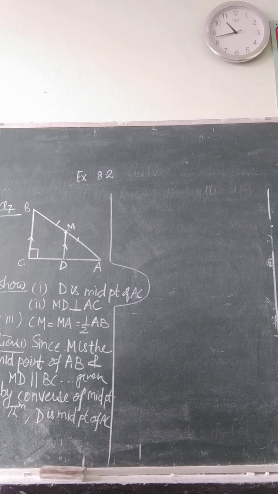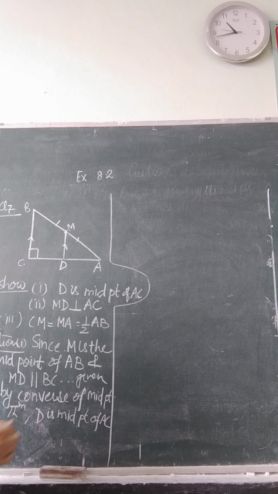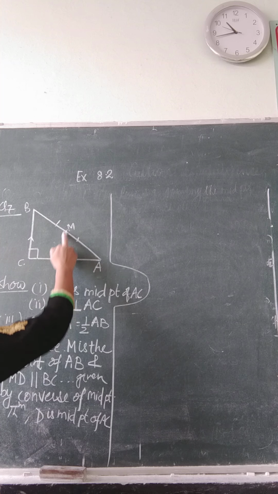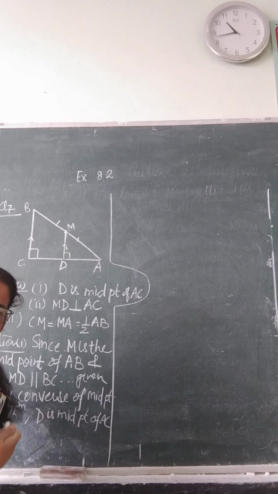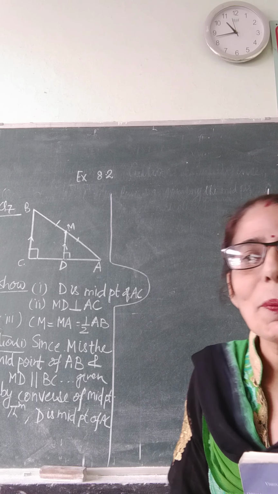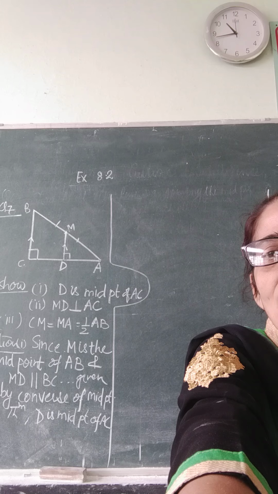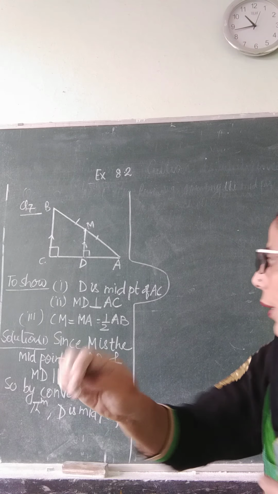Now we have to prove MD is perpendicular to AC. This is very simple. It is given this line is parallel to this. So this angle and this angle are what kind of angle? They are corresponding angles, and when the lines are parallel, then corresponding angles are equal. So what will be there?